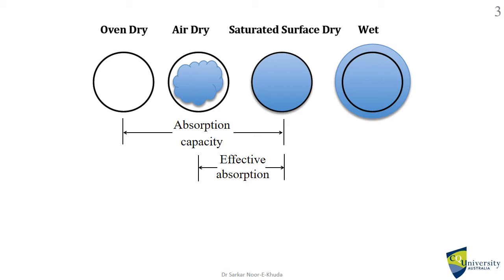We will now focus on the right side of the SSD state, that is the wet state. The basic difference between the SSD state and the wet state is that aggregate particle has additional water in wet state in the form of surface water or surface moisture.